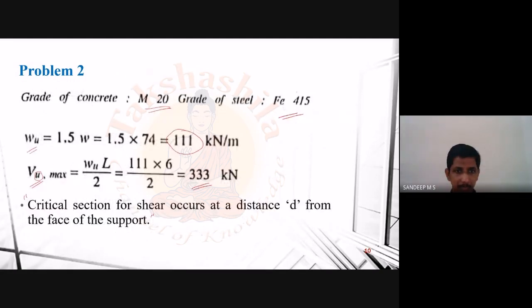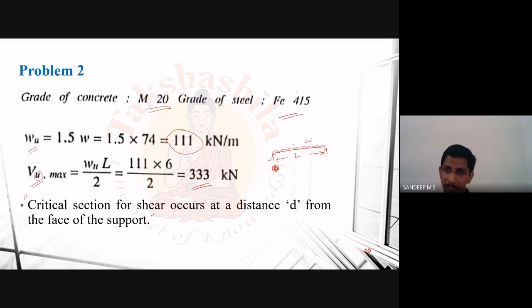Basically, when you have a beam like this, say a simply supported beam which is subjected to a UDL of intensity W, and let the span be L, we know that the maximum shear force will be at this location, at the support. What will be the value of this reaction? This is a symmetrical case, so equally this load will be distributed to both the sides.